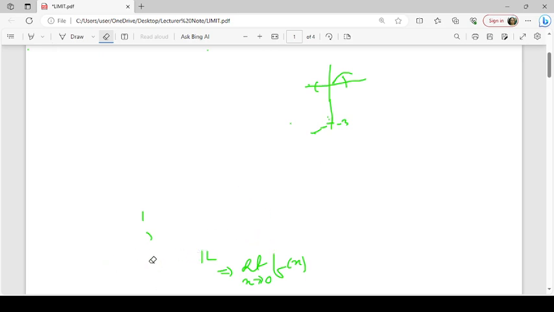So means what? In the previous example, (x square minus 4) by (x minus 2), there also at x equal to 2 the graph was broken, because at x equal to 2 the function is not defined.